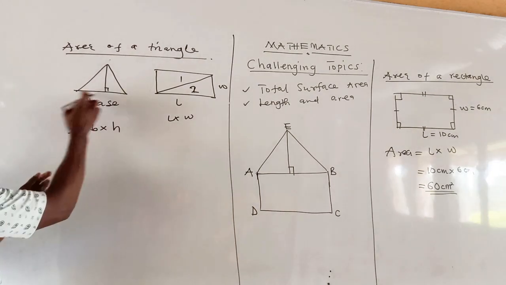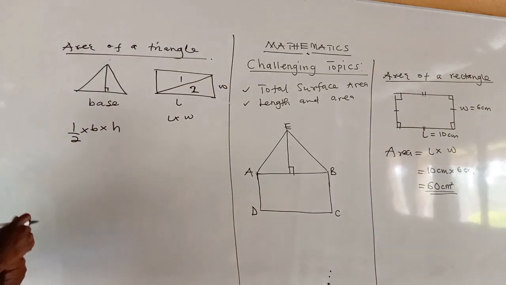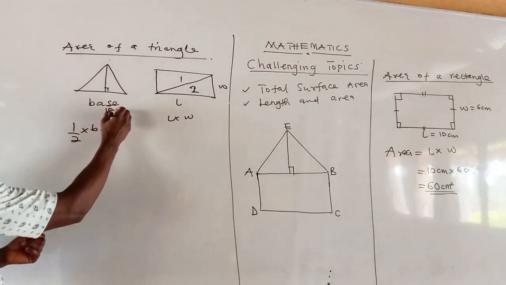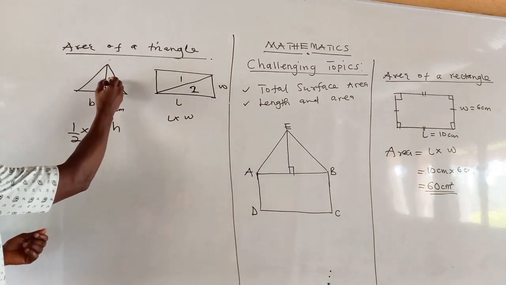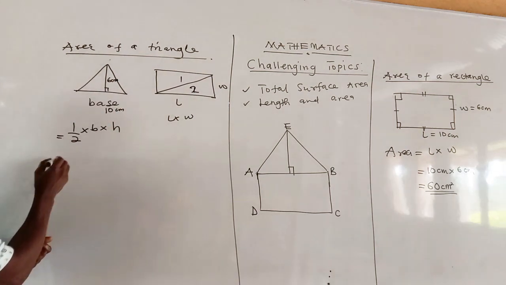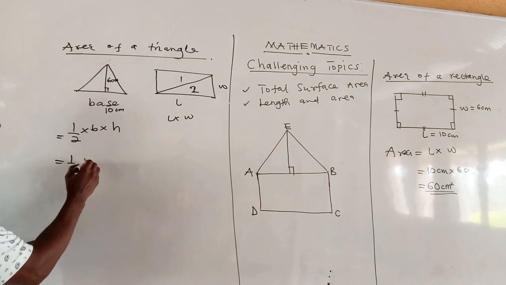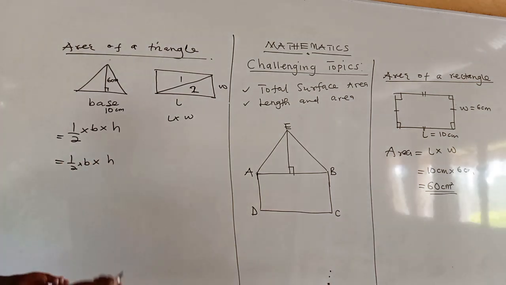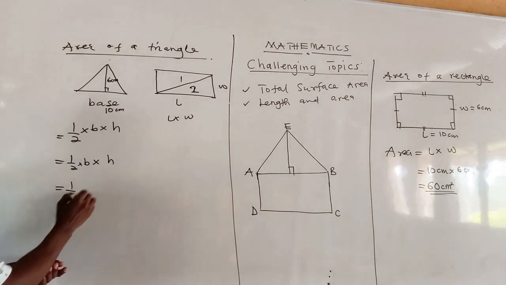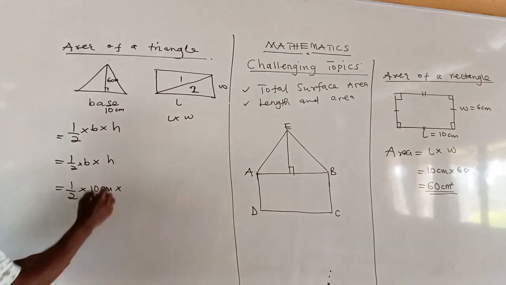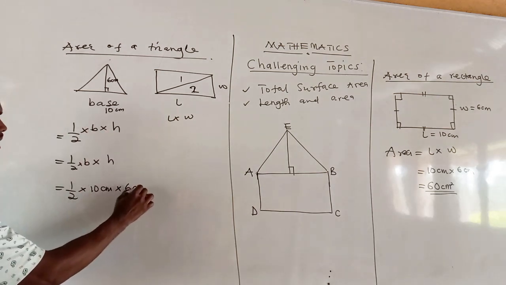So the half of the base times the perpendicular height, which means that if this base is 10 centimeters and the height is 6 centimeters, what would be its area? We say that the area is half times the base times the height, where the base here is 10 centimeters and the height is 6 centimeters.